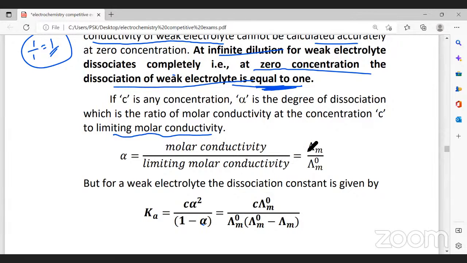If you substitute alpha as lambda m divided by lambda naught m and simplify, we get this equation: Ka equals C into lambda m square divided by lambda naught m into (lambda naught m minus lambda m). This is lambda m, not lambda naught m. It's a printing mistake.